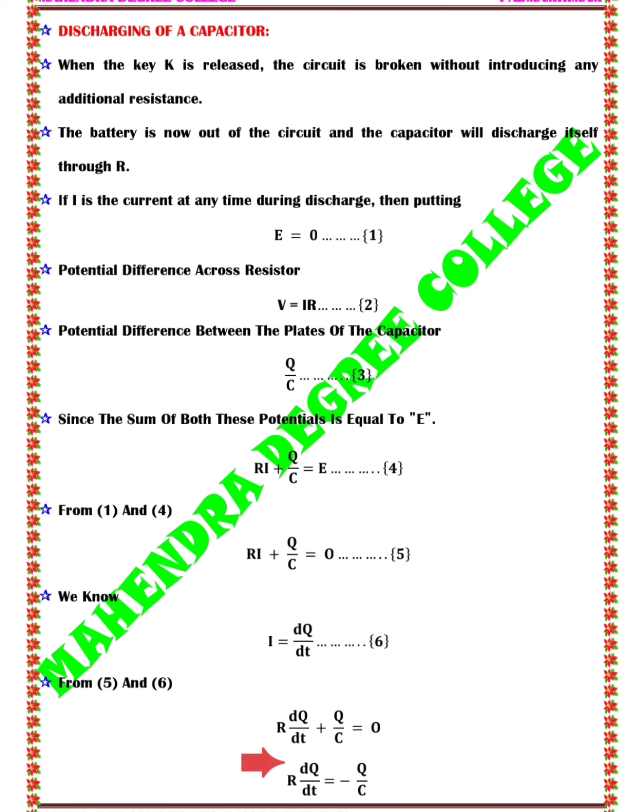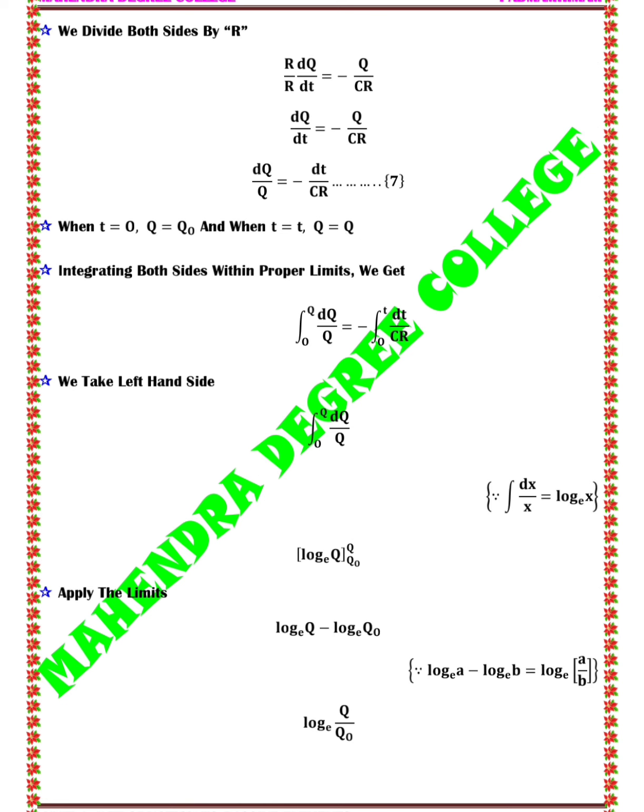We move q by c to the right hand side of the equation by subtracting it from both sides. We get R dq by dt equals minus q by c. We divide both sides by R to isolate dq by dt.